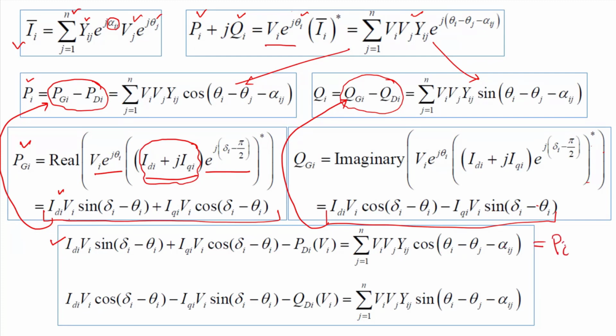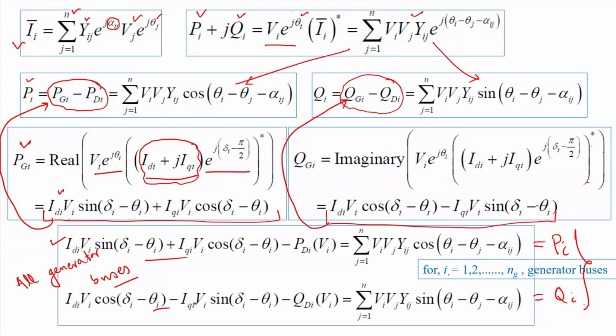So this is equal to Pi, this is equal to Qi, and this is valid for all the generators, or we can say all the generator buses. Not other buses, the load buses, because at the load bus there is no generator, so therefore these quantities will become 0, right? So you can see here this is valid for i equal to 1 to ng. That is, it is valid for the generator buses only, right?